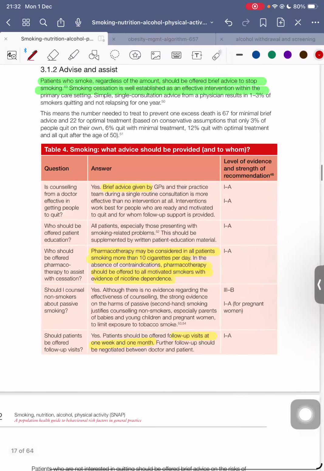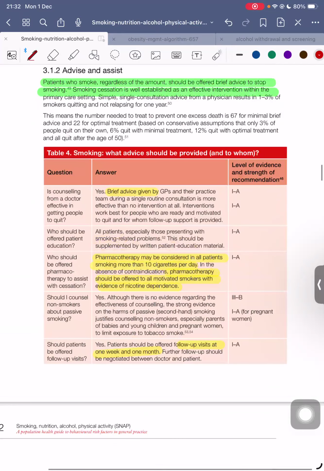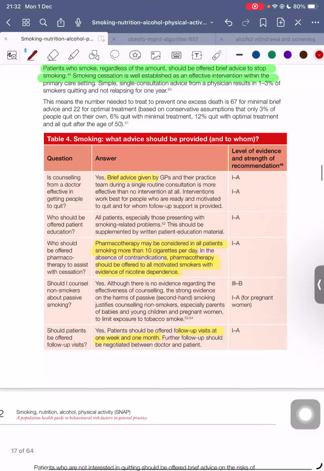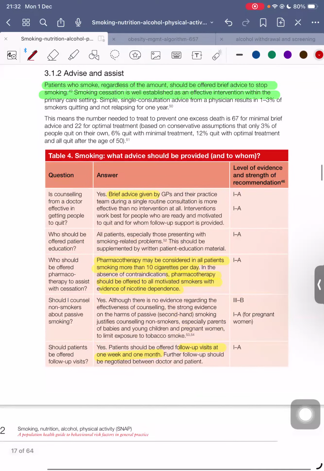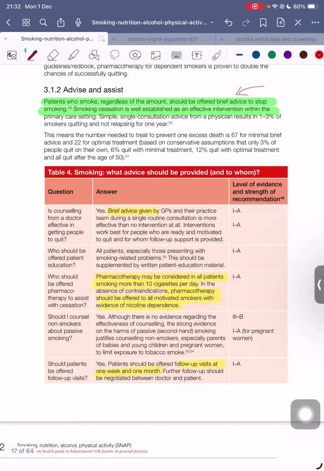Then how do we advise the patient? Patients who smoke, regardless of the amount, should be offered brief advice to quit smoking. First of all, we have to counsel and advise the patient.